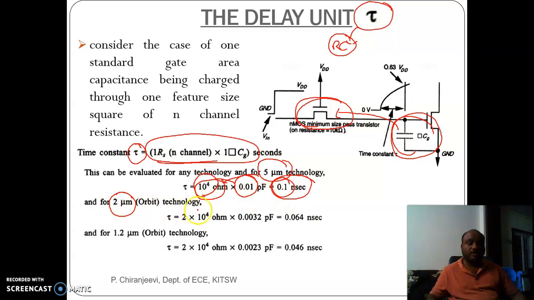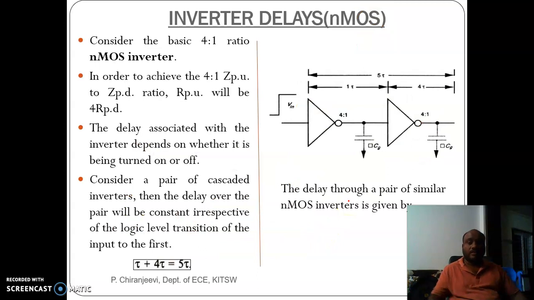Similarly, for 2 micrometer technology, the product of sheet resistance and area capacitance resulted in a delay unit of 0.064 nanoseconds. And for 1.2 micrometer technology, the product resulted in a delay unit of 0.046 nanoseconds.